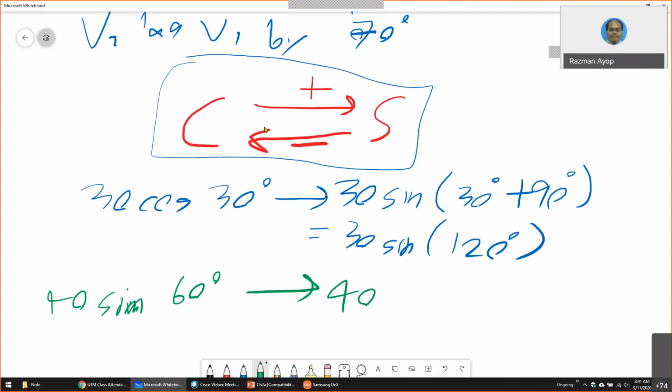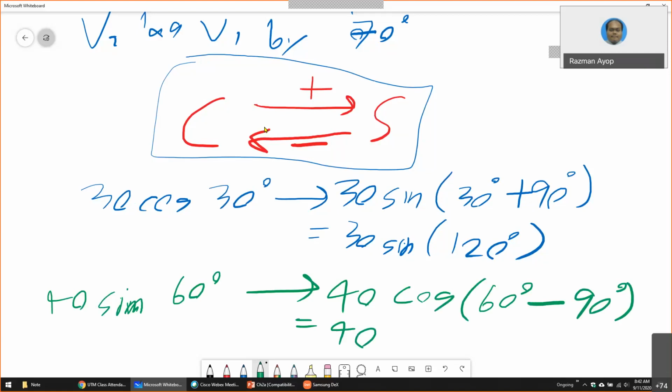Write back the magnitude 40, convert to cos, cos(60 degrees), and you look here, changing from sine to cos needs minus 90 degrees. So it equals 40 cos(minus 30 degrees). That is important, because you will use this a lot.